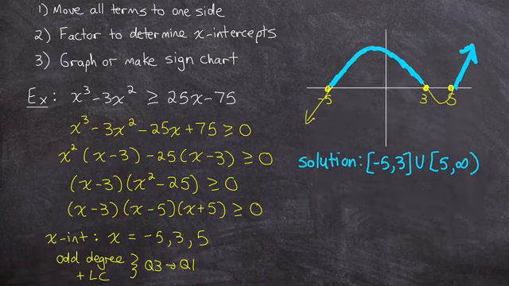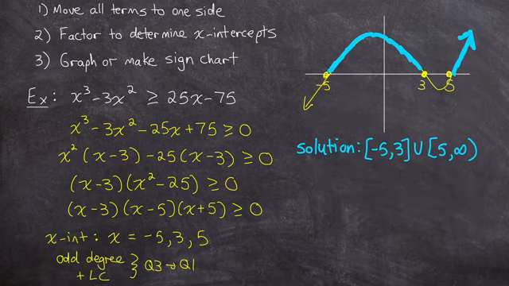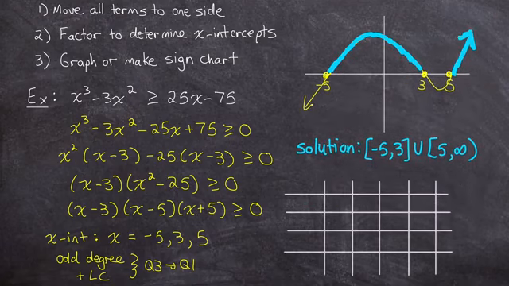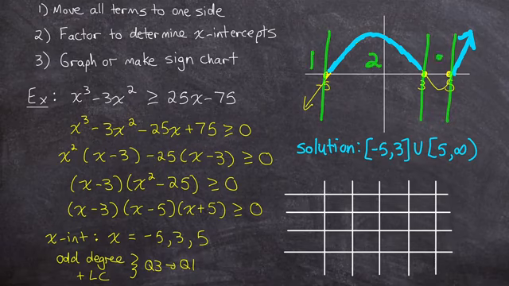So I'm going to move this up a bit to make room for what we call a sign chart or factor table. This sign chart is just a way of breaking up this polynomial function into different intervals based on where their x-intercepts are. Notice there are 1, 2, 3, 4 intervals, which is why I have 1, 2, 3, 4 columns I'm going to fill out information in the sign chart.